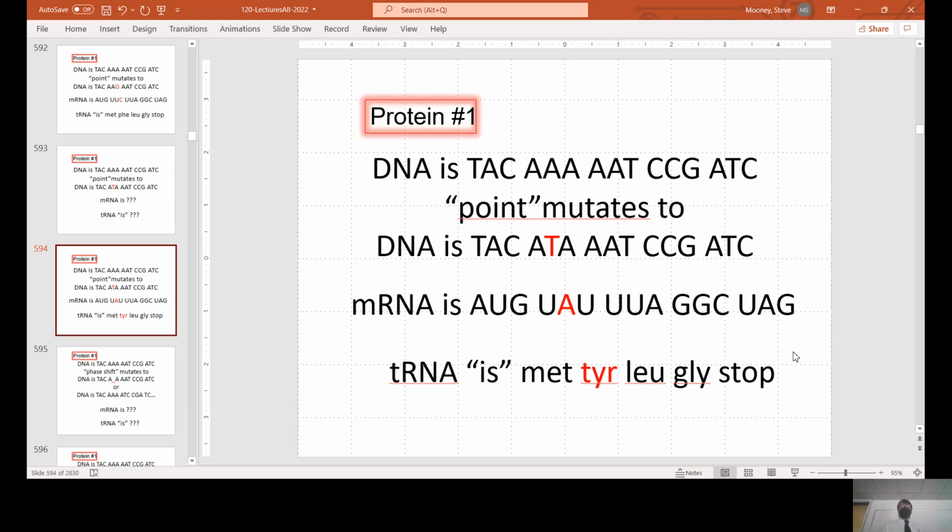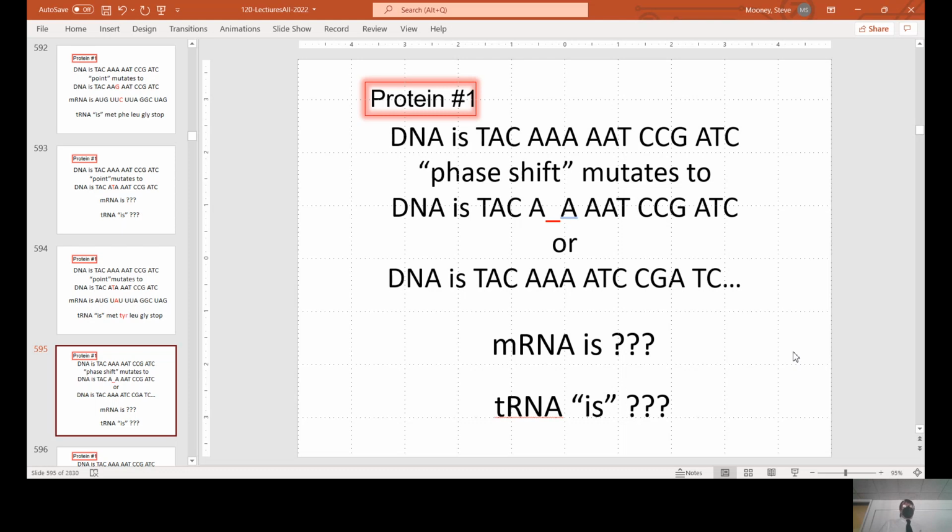We translate something different. Probably the most disruptive ones are called frame shift mutations, where we add in a nucleic acid or we take one out. In this case, we're taking one out.